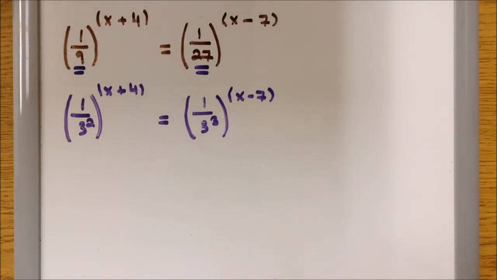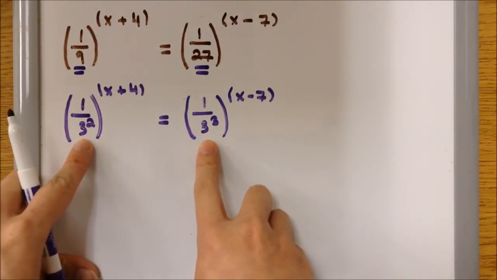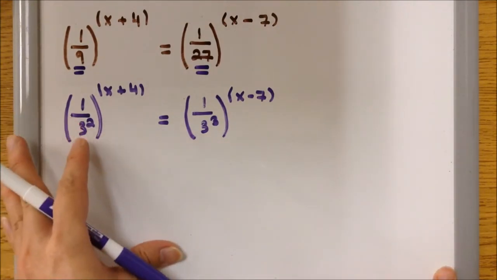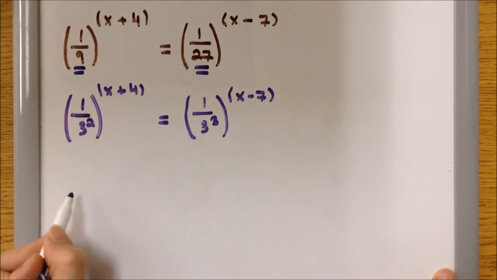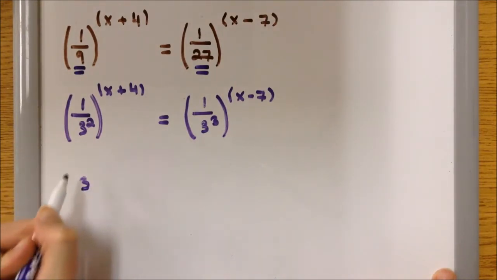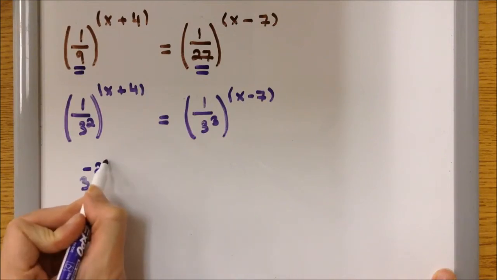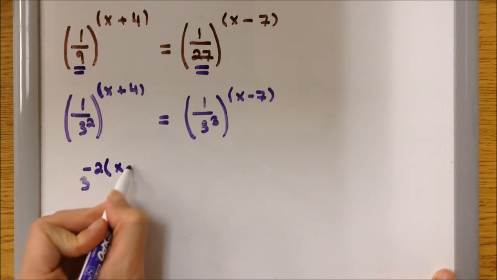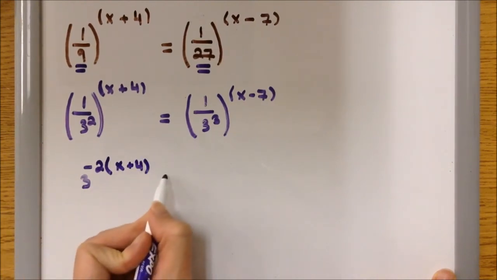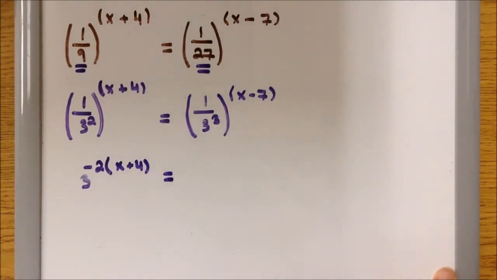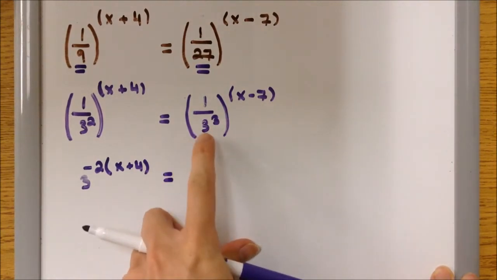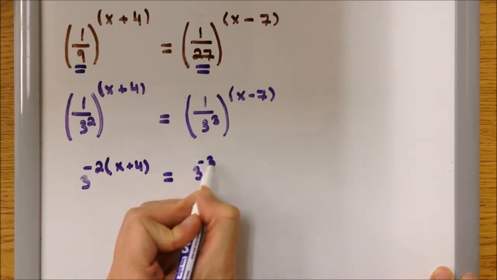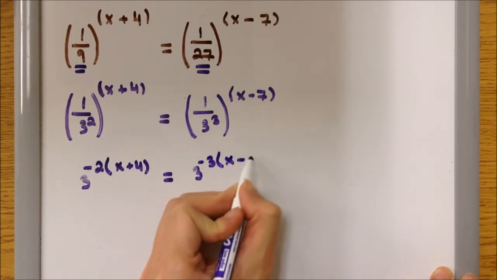Alright, now we got the same base, so let's convert it to a whole base instead of a fraction. So 1 over 3 squared is the same as 3 to the power of negative 2 times the original exponent, x plus 4, equal, and then 1 over 3 to the third power is the same as 3 to the negative third power times x minus 7.